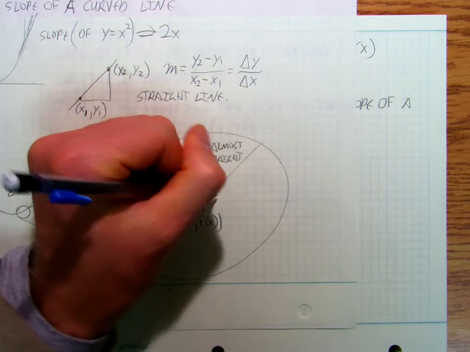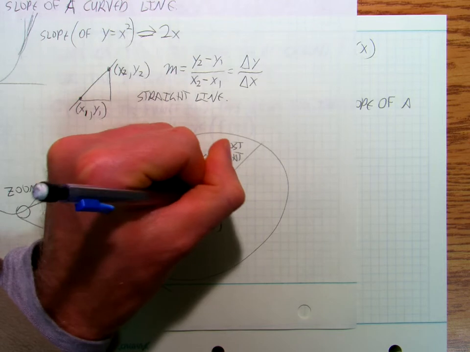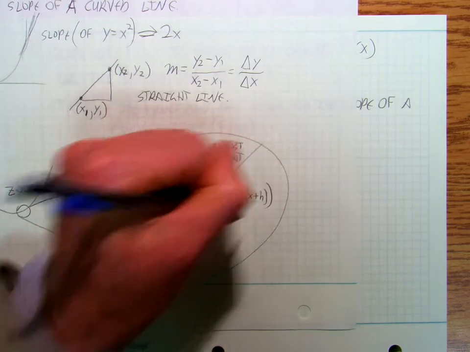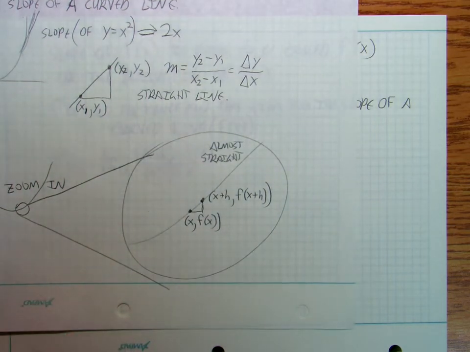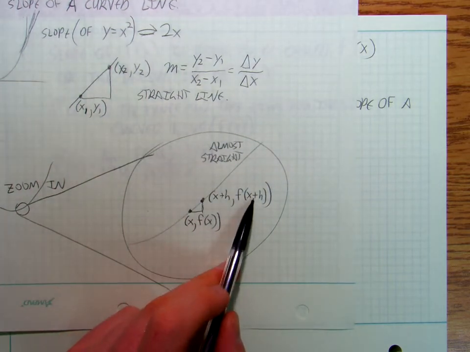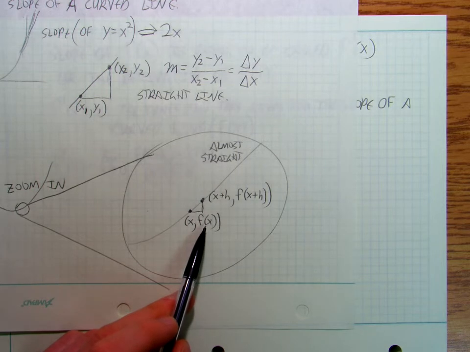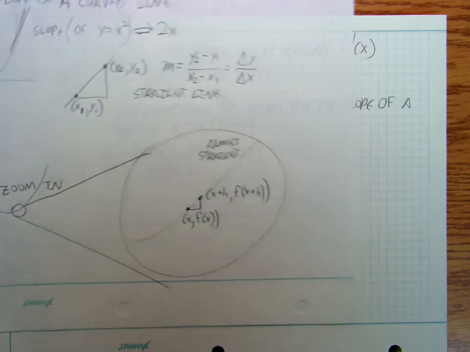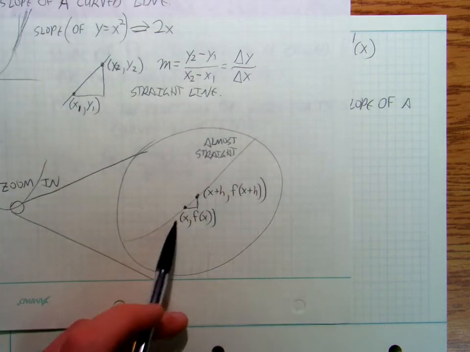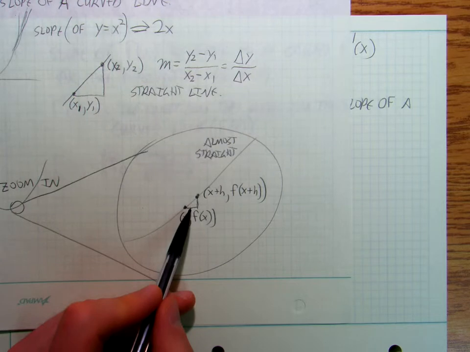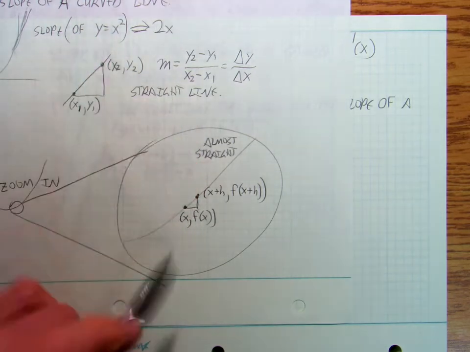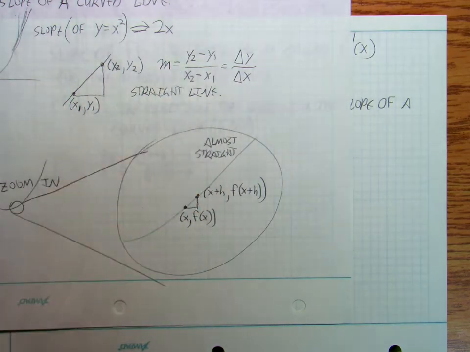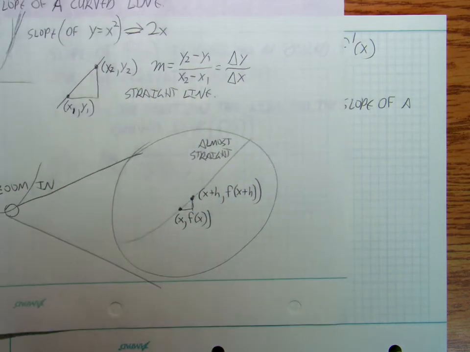And this point up here is going to be x plus h, comma, f of x plus h. And if I do change in y, I do f of x plus h minus f of x all over x plus h minus x. So change in y divided by change in x is going to give me the slope. And as I get h closer and closer and closer to 0, my approximation of the slope is going to become more and more exact.